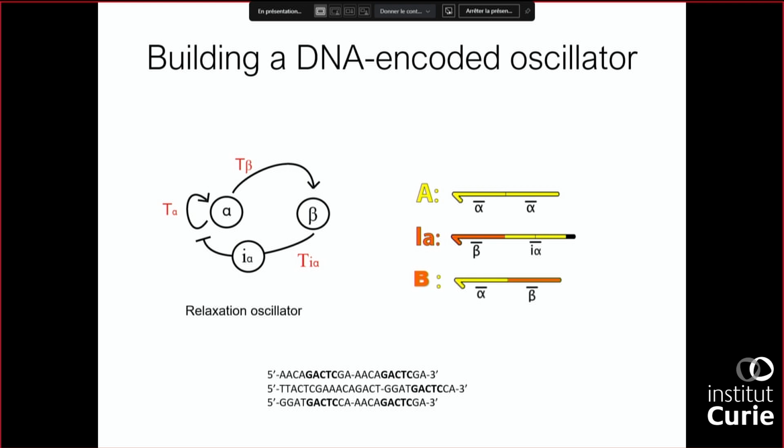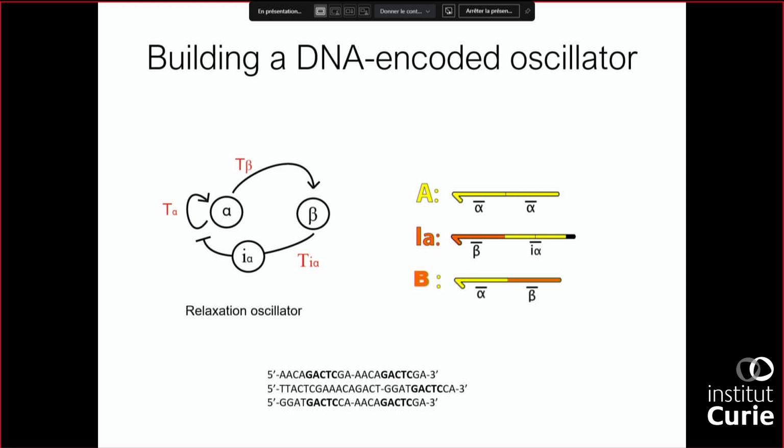Just to give you a sense of the simplicity of the sequences, they are represented here, so they are 20 or 25 bases long, which is very simple if you compare to a standard gene. The typical length of a protein-encoding gene would be a kilobase, or 1,000 bases, or something similar. So this is very, very simplified.